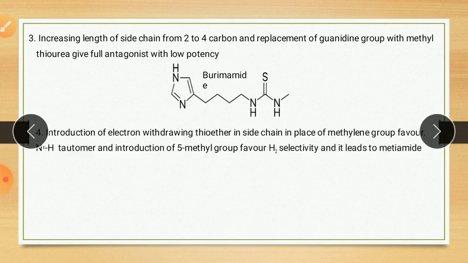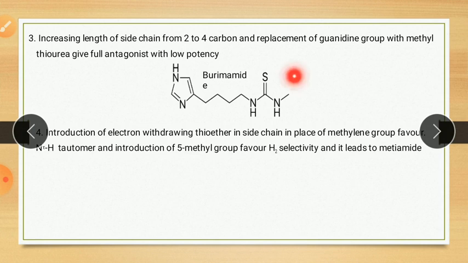The next point, introduction. So here this burimamide has low potency. The low potency of burimamide was postulated to be related to its electron releasing side chain, which favors the N-pros tautomer in histamine, whereas the N-tele tautomer predominantly presents higher affinity to the receptor.